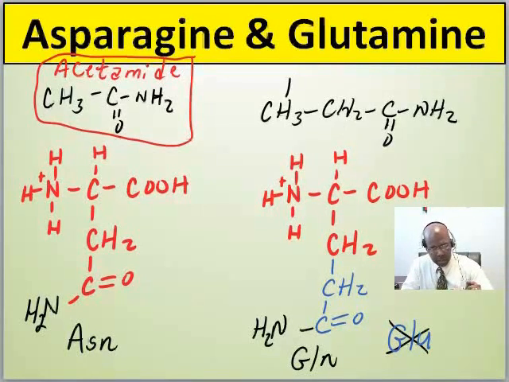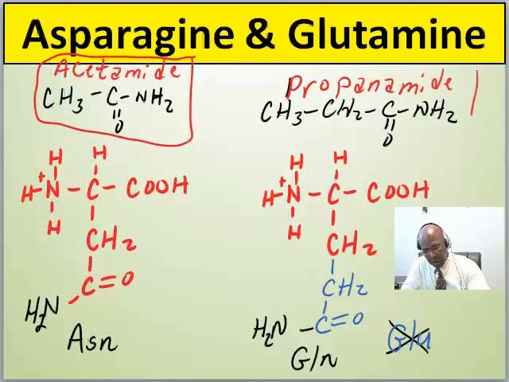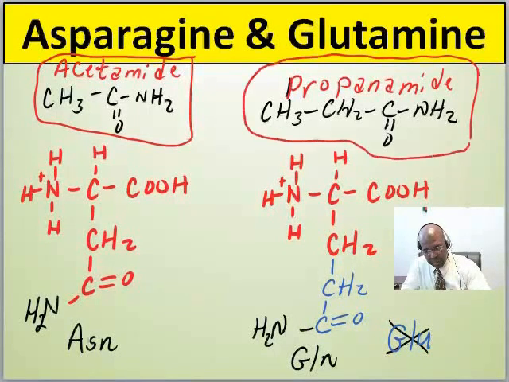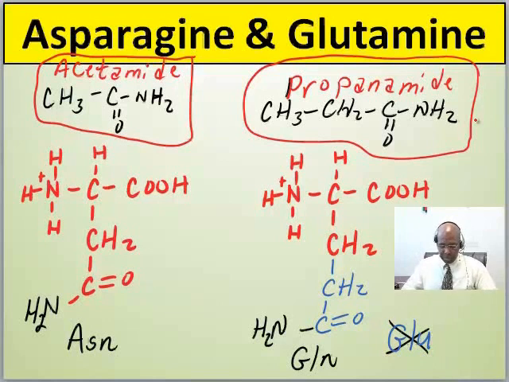And this compound is propanamide. It's still good to know what that R group is, even if you don't remember it going through this method. So propanamide, that's the R group for glutamine.